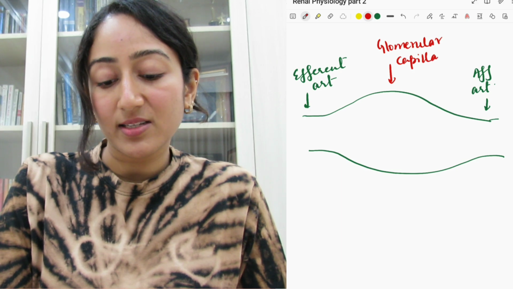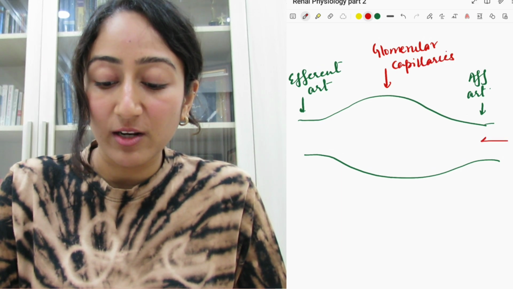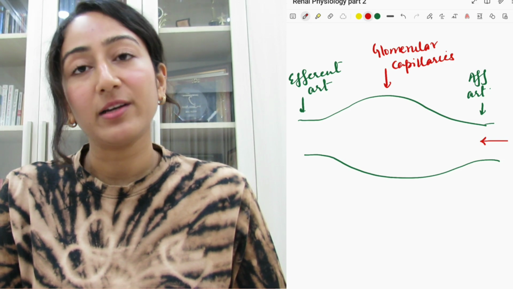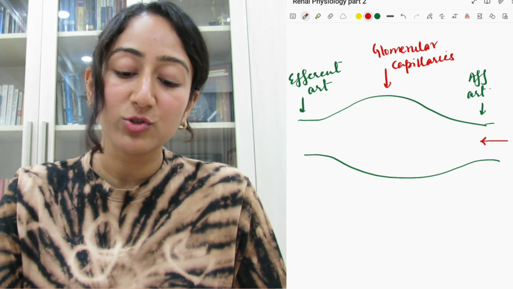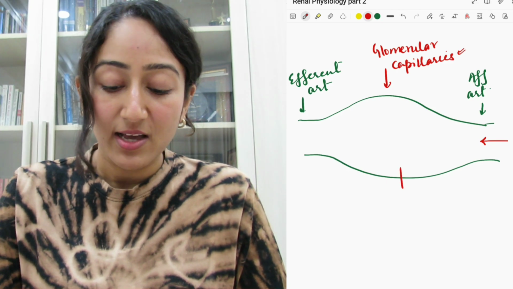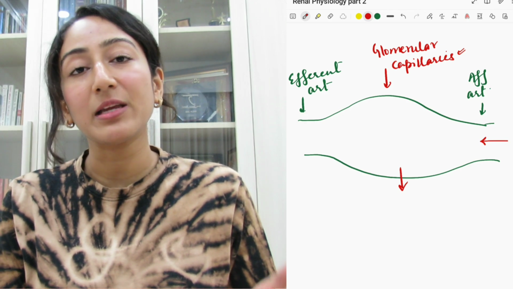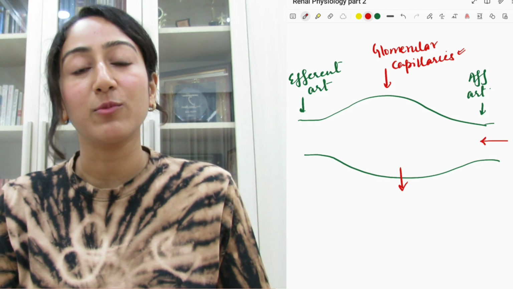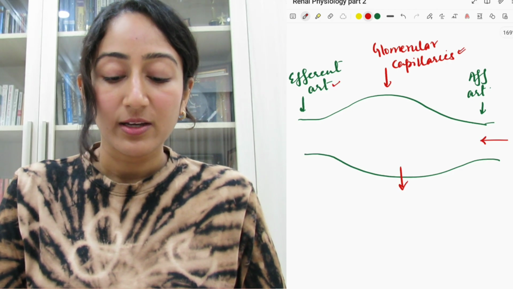These capillaries are the site where filtration actually happens. The renal blood flow enters through here, and the afferent arteriole divides into these smaller glomerular capillaries across which filtration happens into the Bowman's capsule, and the remaining blood which does not have any more waste then exits that nephron via the efferent arteriole, right?